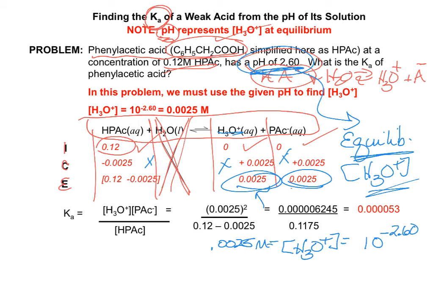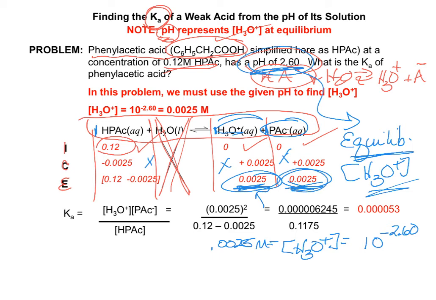Now, how do I know that it's also the equilibrium concentration of the conjugate base? I know that from stoichiometry, because for every one weak acid that dissociates or ionizes, I'm going to get one hydronium and one conjugate base, 1 to 1. So I know that these are the same.